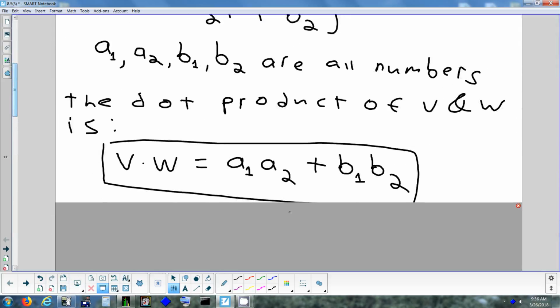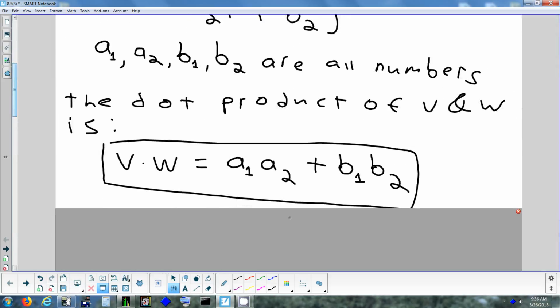Okay, so A1 is a number, A2 is a number. What do you get if you do a number times a number? Yeah, a number. B1 is a number, B2 is a number. What do you get if you do another number times a number? A number. And then if you take a number and add it to another number, you get a number.